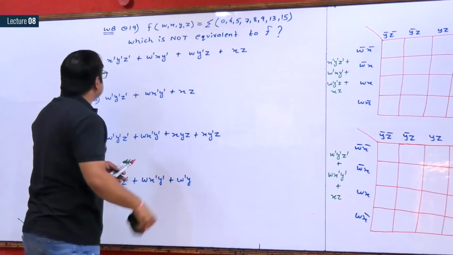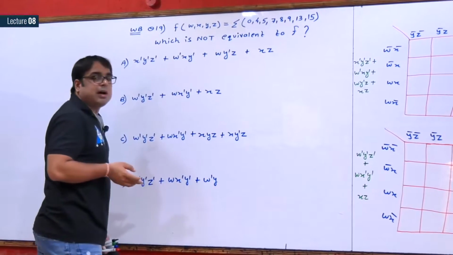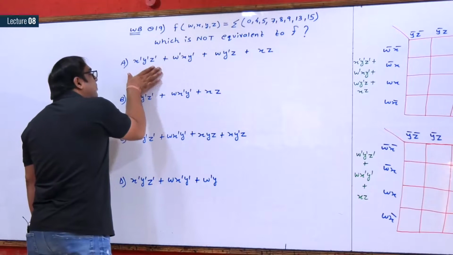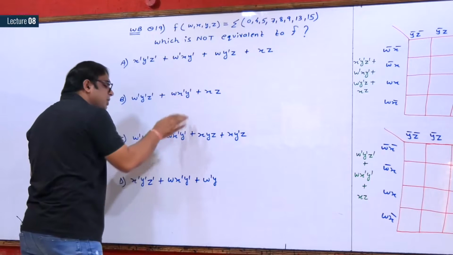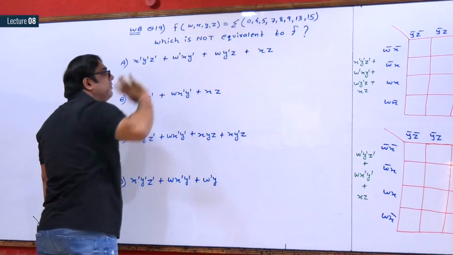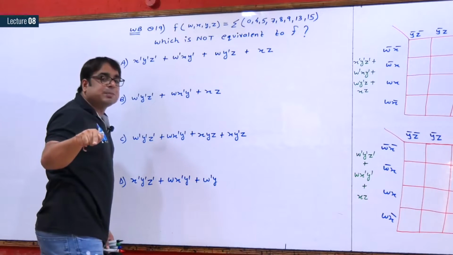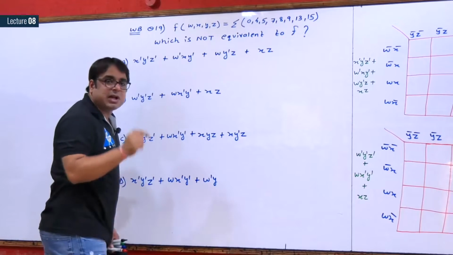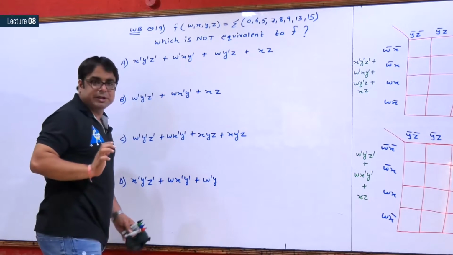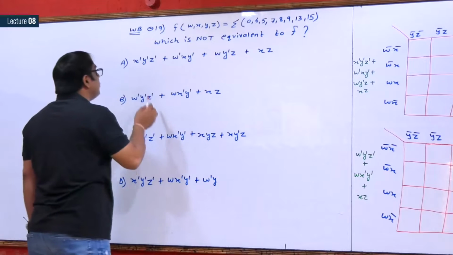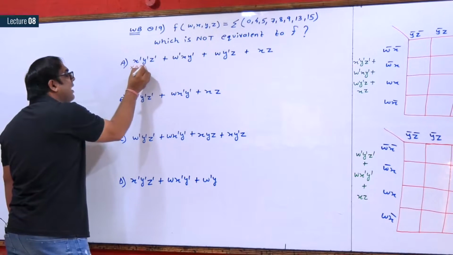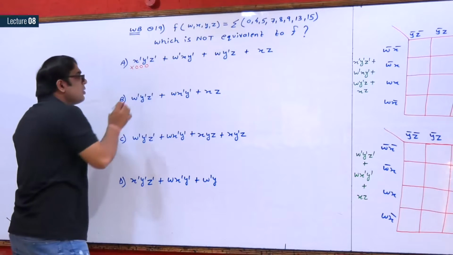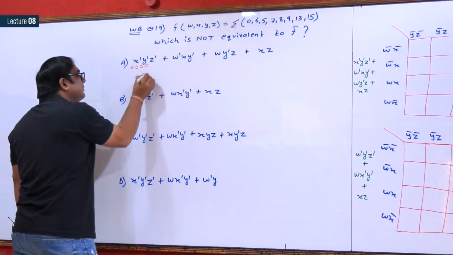So what I have to do now is find the min terms of all the options. For 3 options, the min terms will match with the given function. For one option, the min terms will not match, and I have to mark that option only. For example, I will show you w, x, y, z. W is not given, x, y, z. So what are the min term numbers? 0 and 8.